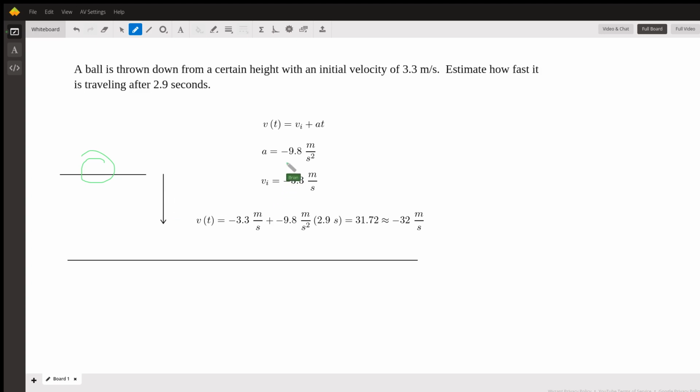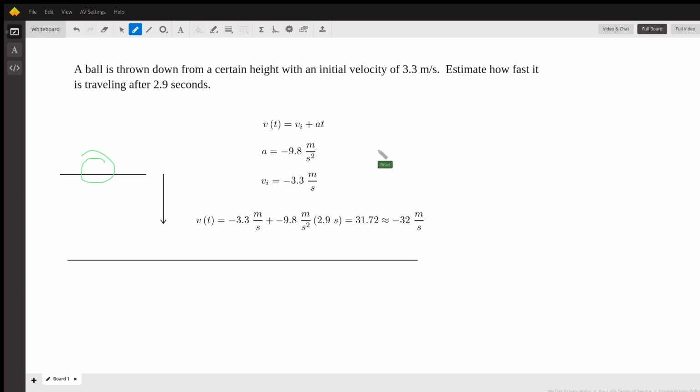And the acceleration due to gravity, we know that acceleration is bringing objects back towards the center of the earth. So with that in mind, the negative sign, it would be negative 9.8 meters per second squared, which is basically telling us that the acceleration is pointing in the same direction as the initial velocity.